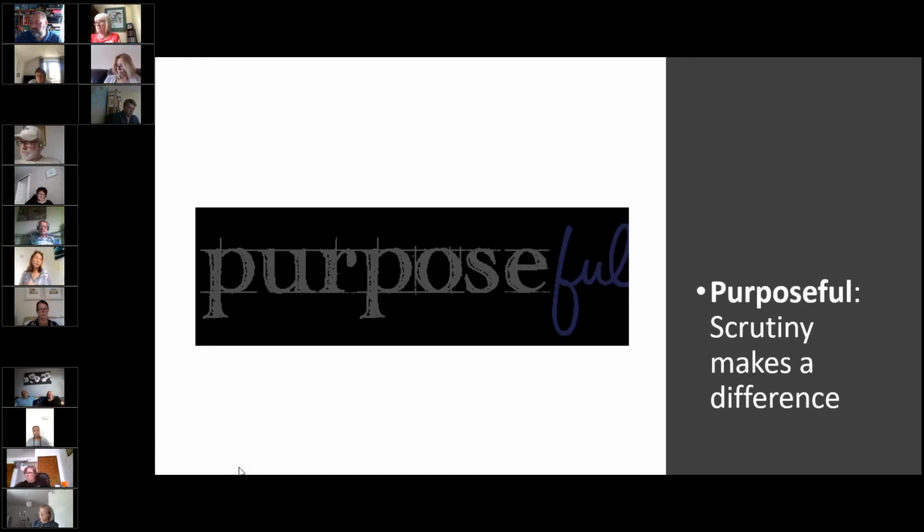So scrutiny needs to be delivering service improvements. It needs to be thinking about delivering value for money. It may be about holding the landlord to account, making them more transparent and accountable. It needs to think about all those things for it to be meaningful and effective. So the last principle, the foundation of good scrutiny, is having a purpose and being purposeful.